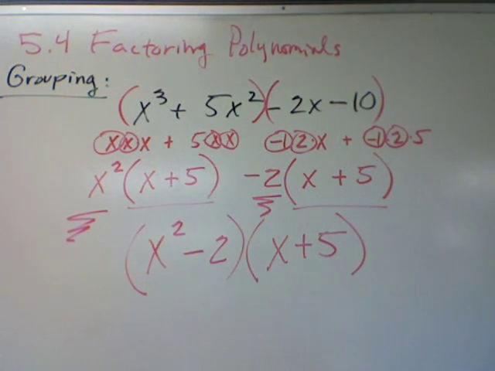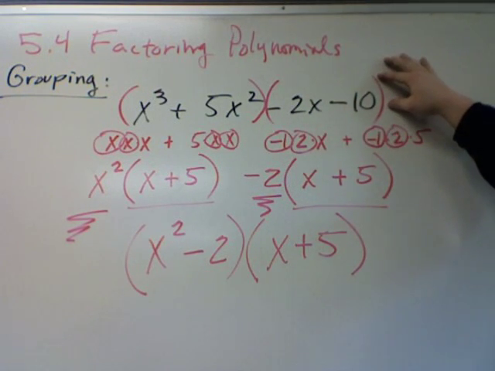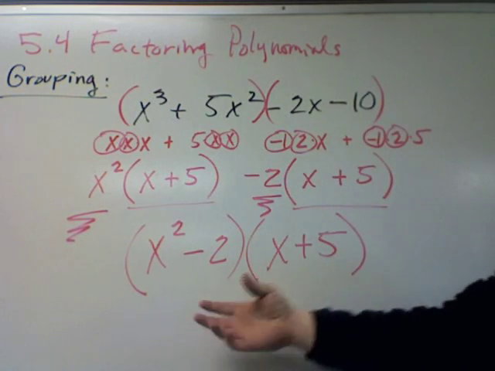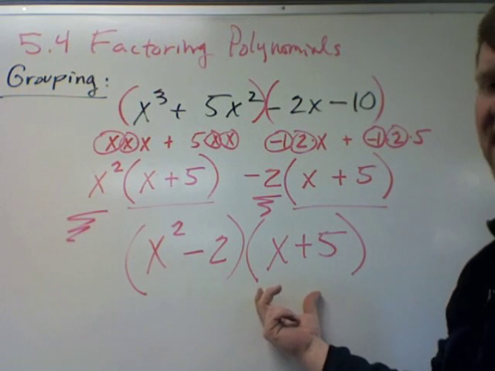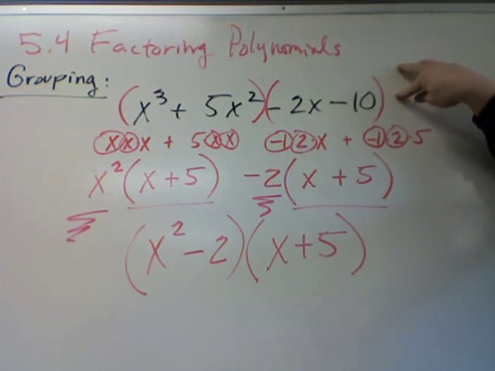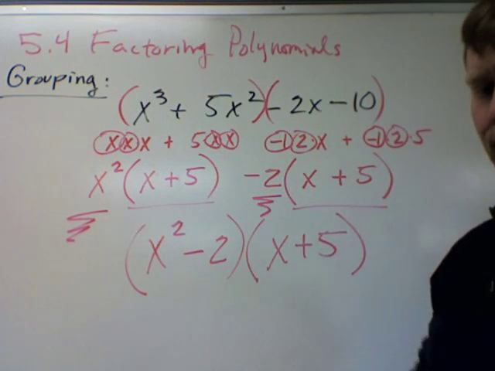That's factoring the previous polynomial up here. By rights, if I were to multiply this out, I should end up getting what's in black up here in my original example. So that's a good example of factoring by grouping.